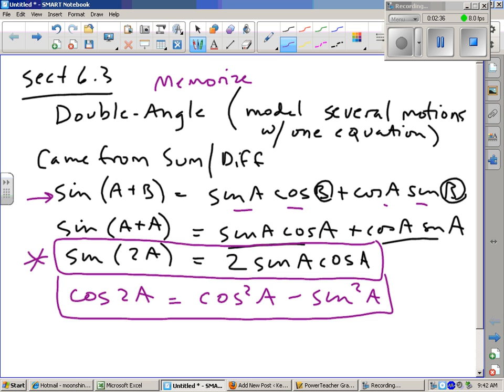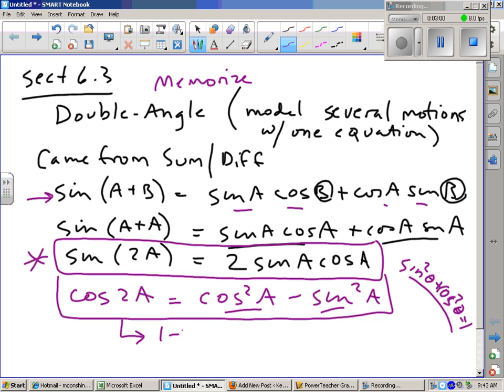There's a couple other versions of it, because we know Pythagorean theorem, we know that sine squared plus cosine squared equals 1. I could replace either one of these with the equivalent part of that one. So there are two other versions. I'm just going to write them down here.